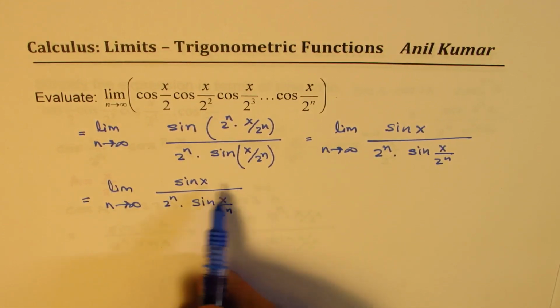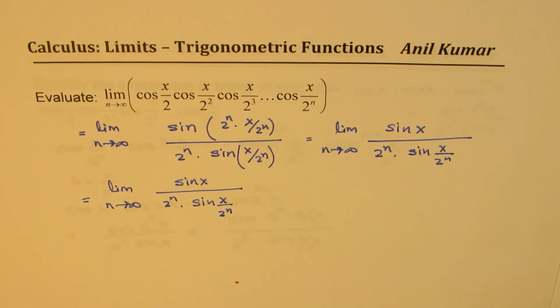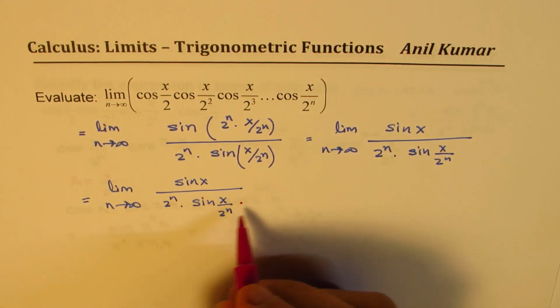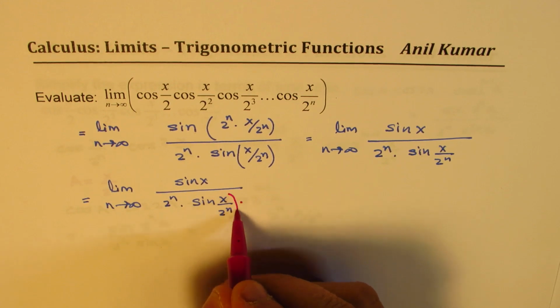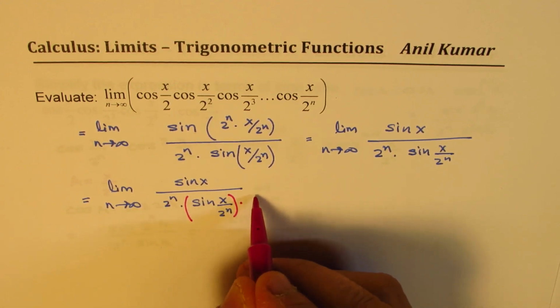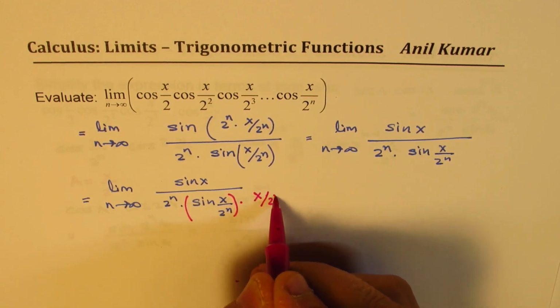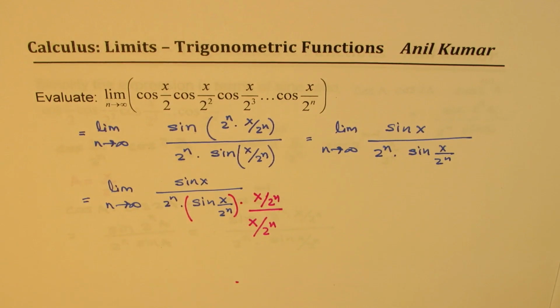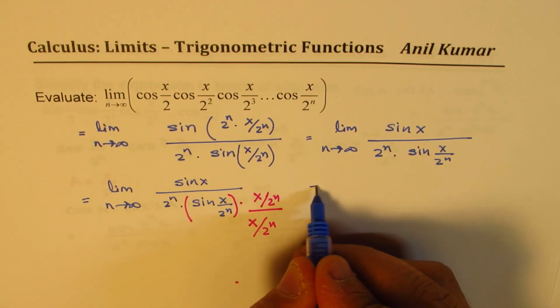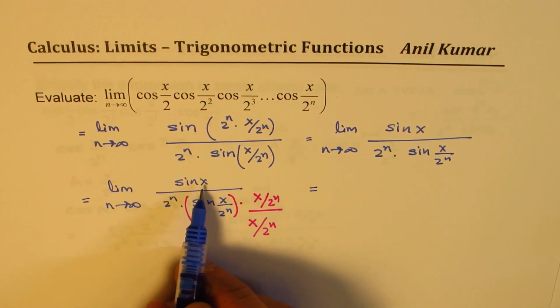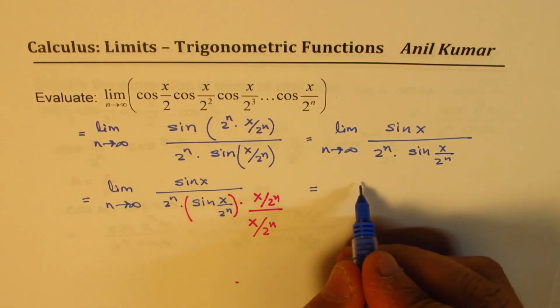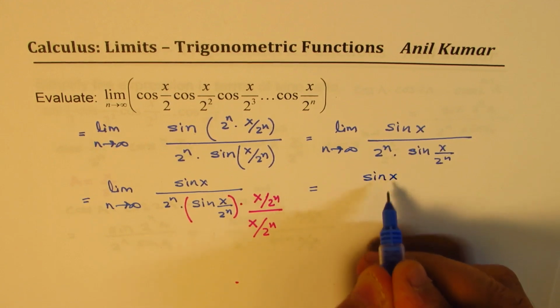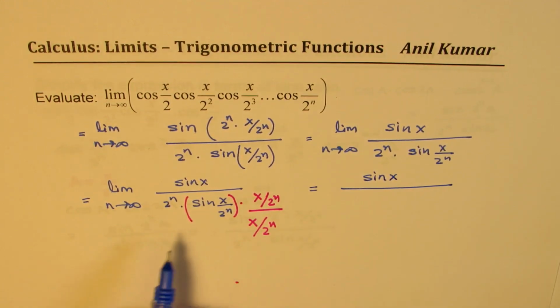So to find this limit, what we can do is multiply and divide this expression by x over 2 to the power of n divided by x over 2 to the power of n. Correct? So if we do that, what happens? Well, sine x is independent of n, so that's fine. So that is sine x over.